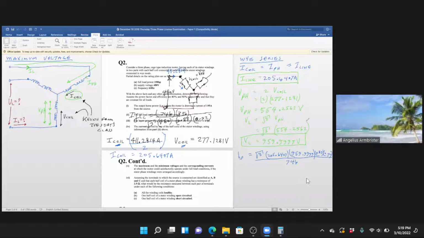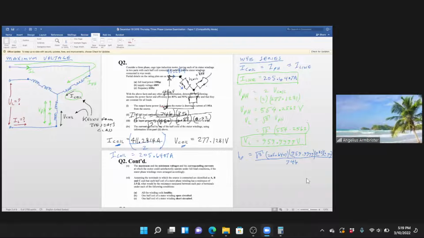So let's do that. Let's get 205.647 times 959.1 times 0.83 times 0.92 times root 3 divided by 746.